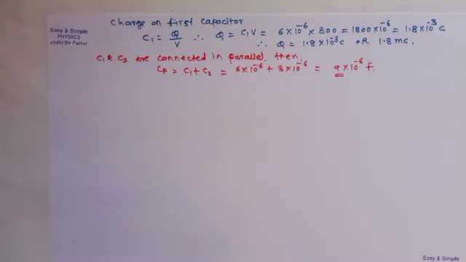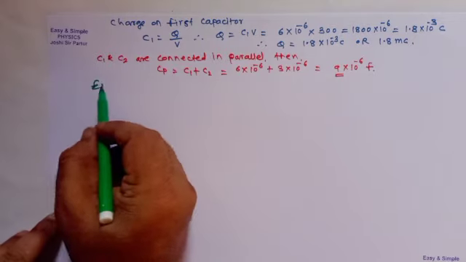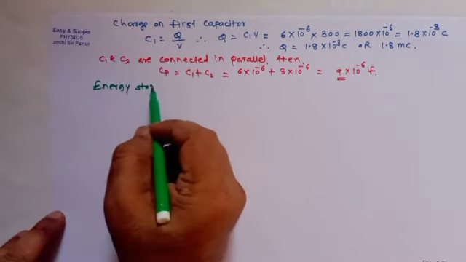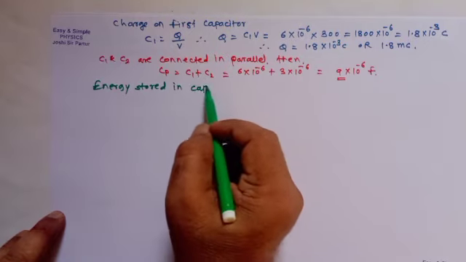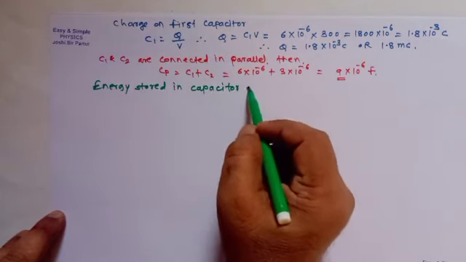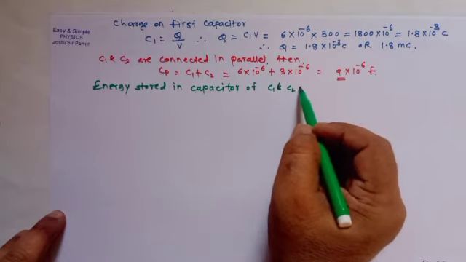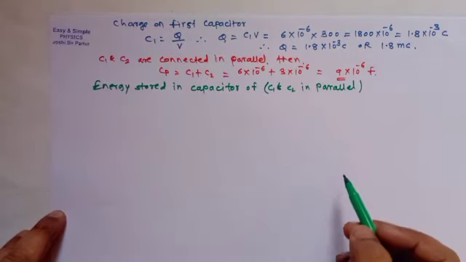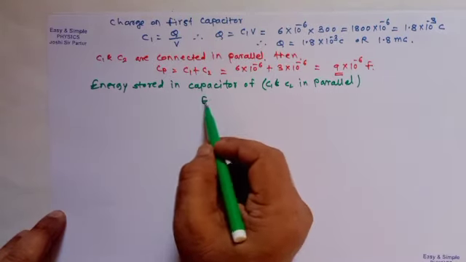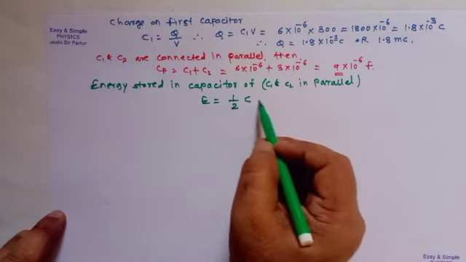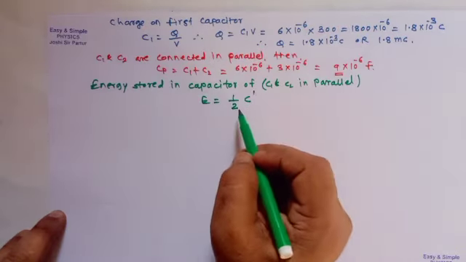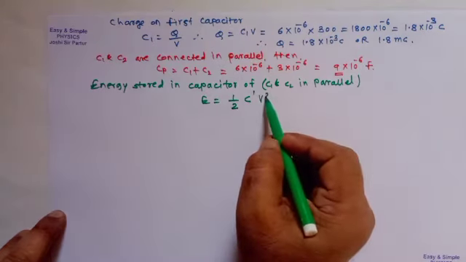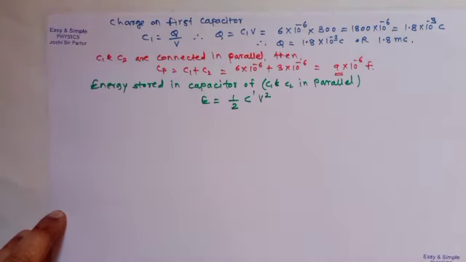So here we can find the energy stored in the capacitors C1 and C2 in parallel combination. It will be energy equal to half C dash V square, or half Cp V square.